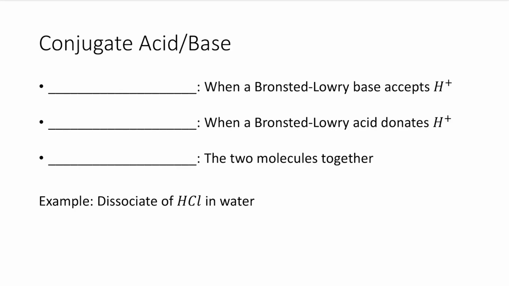When the Bronsted-Lowry base accepts a hydrogen, it becomes the conjugate acid. And when the Bronsted-Lowry acid donates a proton, that becomes the conjugate base. Notice conjugate acid and conjugate base are the results of the acid and the base donating or accepting the proton. So they're always going to be the product.